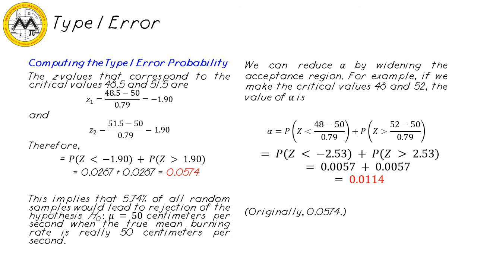So the value now would be 0.0114. So observe that as we widen the acceptance region, we decrease the critical region, or we decrease alpha, the type 1 error. So decreasing type 1 error decreases the p-value, which is now 0.0114, coming from the original value 0.0574.